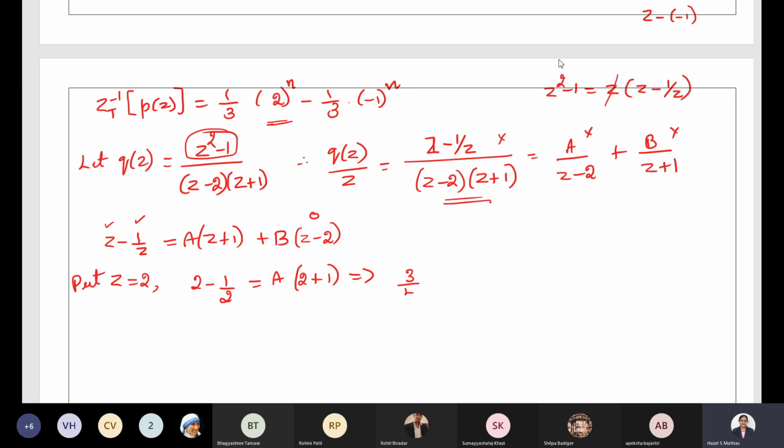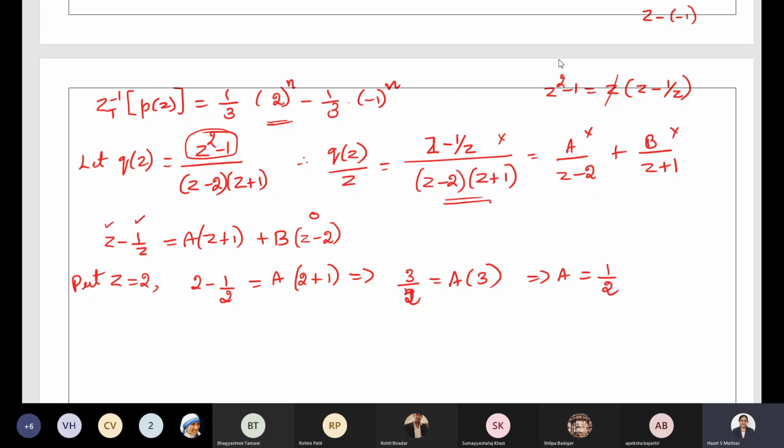It will be 3 by 2, correct? 4 minus 1, 3, 3 by 2. That is equal to a into 2 plus 1 is 3. So what is the value of a? 3 gets cancelled. It is half. Am I correct? Yes or no?